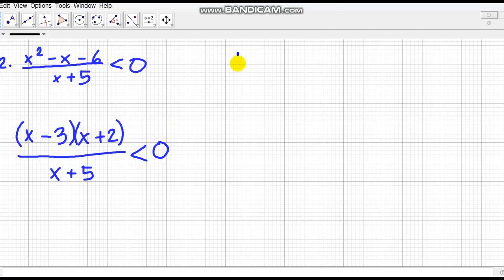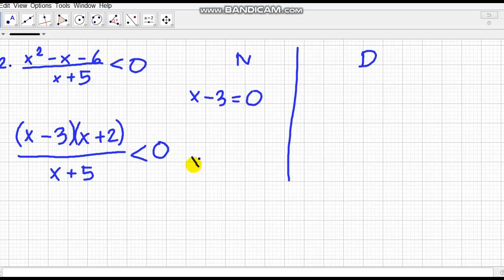So let's have the table here. We have the numerator and we have the denominator. Observe that in our numerator we have 2 binomials. So we're going to get 2 critical numbers from the numerator and 1 critical number from the denominator. So let's have x minus 3 equal to 0, x plus 2 equal to 0, and x plus 5 equal to 0.